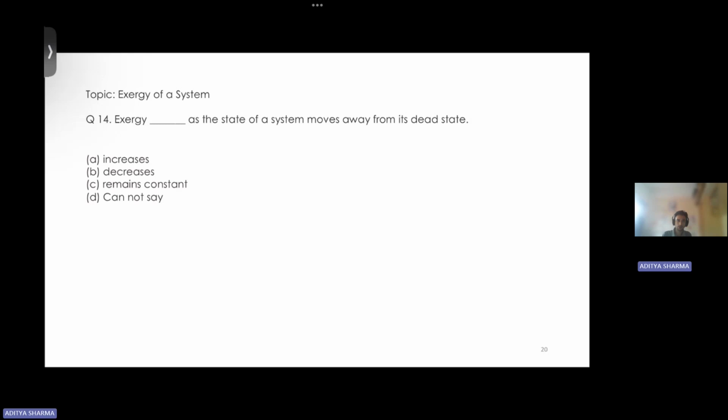First option is increases, second option is decreases, third option is remains constant, last option is we cannot say. So maybe there are some other factors involved which need to be considered when we are answering this question.